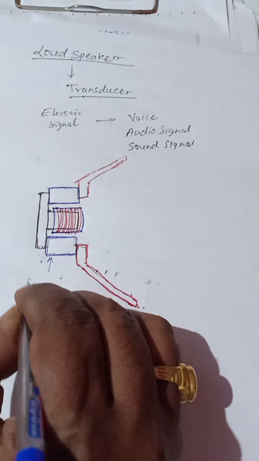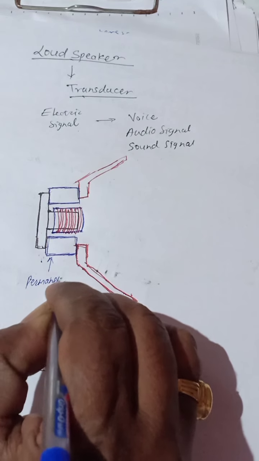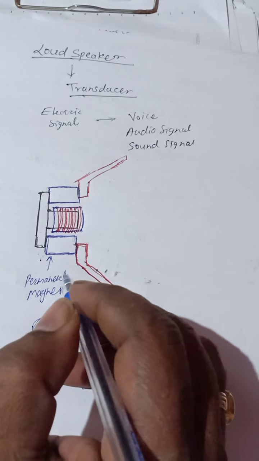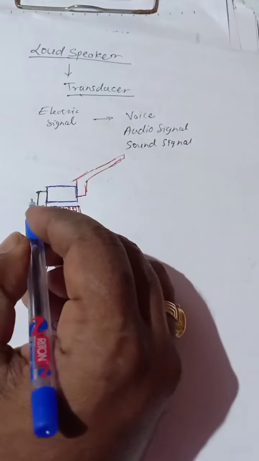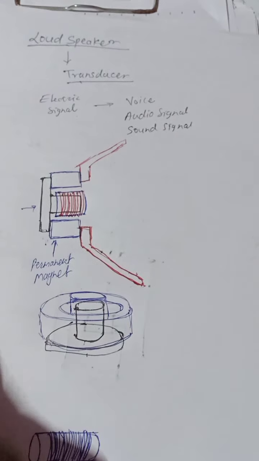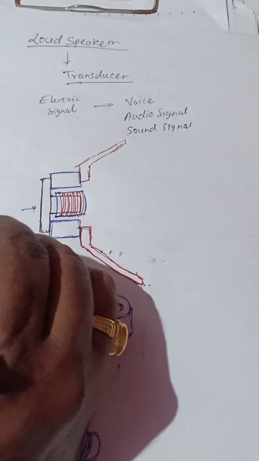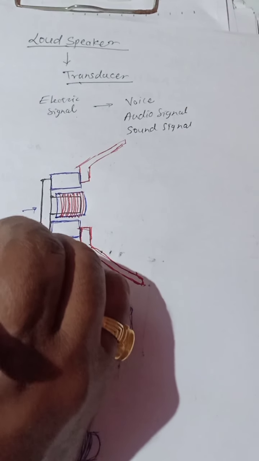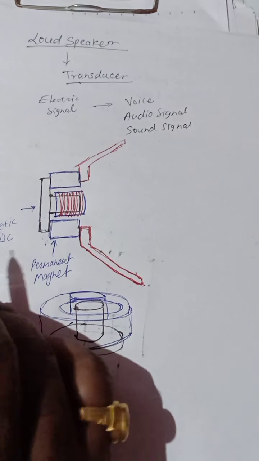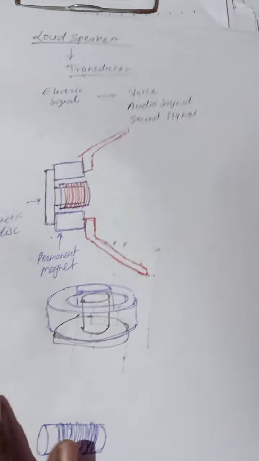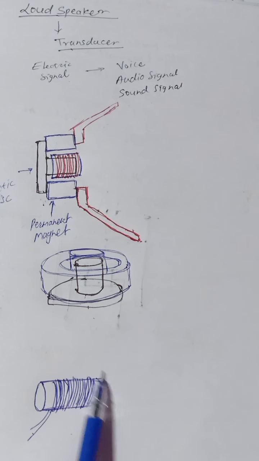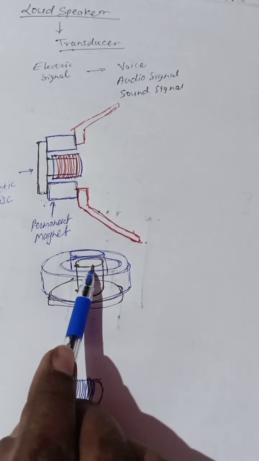and the rest. So here is the permanent magnet, and this is a non-magnetic disc, sometimes also called a yoke. The coil is inserted in between the permanent magnet and this non-magnetic rod.